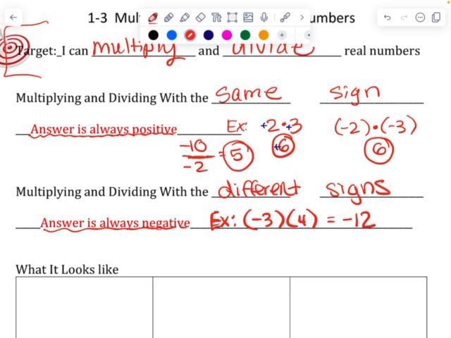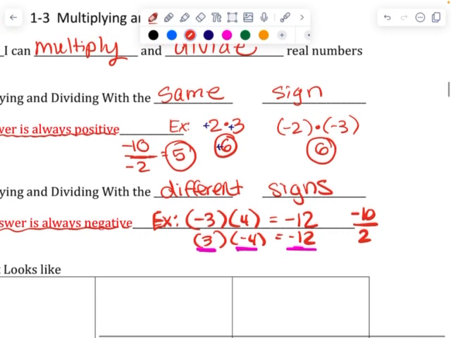My answer simplifies to negative 12. Or if I have 3 times negative 4, again, it's negative 12. Notice these numbers have different signs. One is positive, one is negative. My answer is always negative. Same thing if I divide. If I have negative 10 divided by a positive 2, my answer will be negative 5.